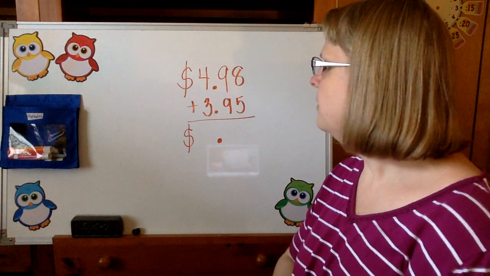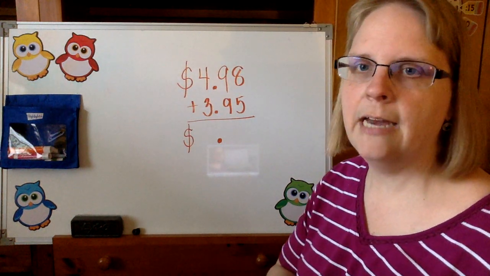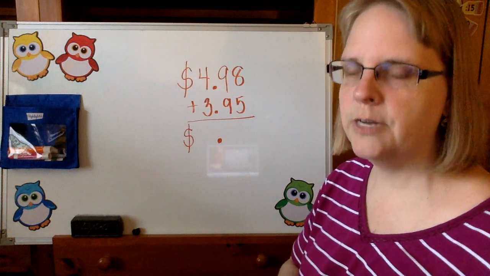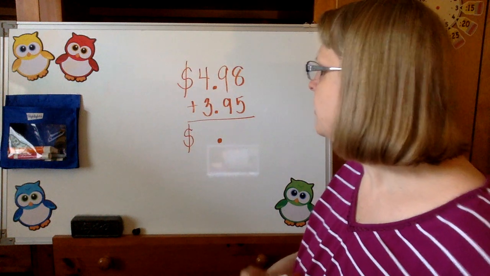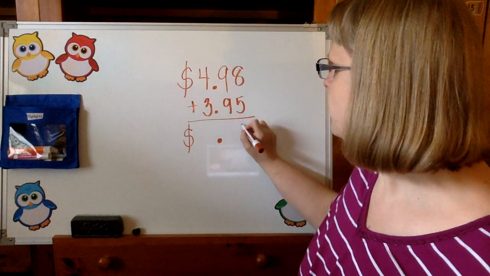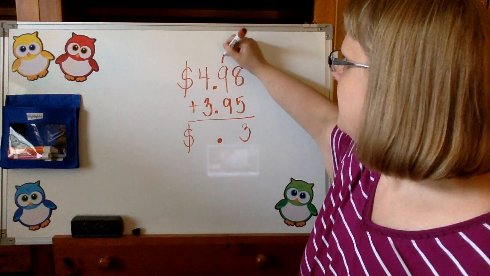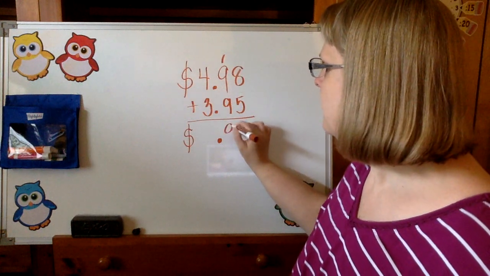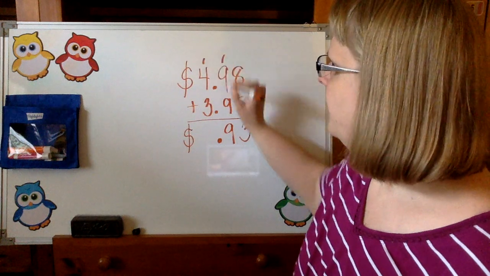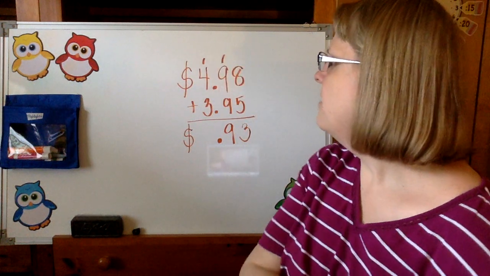So for this problem, again, if there's any adding or regrouping necessary, I want to go ahead and make sure I do that as well, just like normal addition and subtraction. So 8 plus 5 is 13, so I write my 3, carry my 1. 1 plus 9 is 10. 10 plus 9 is 19. So I write my 9 down, carry my 1. 1 plus 4 is 5.